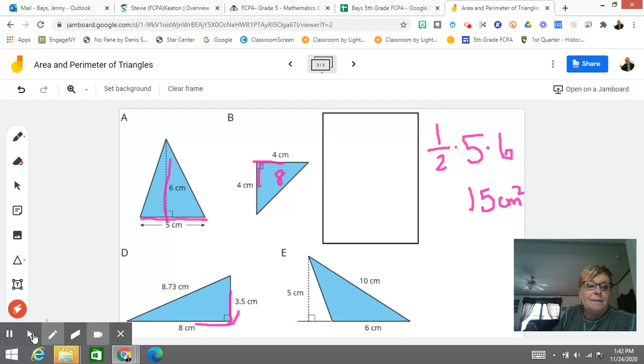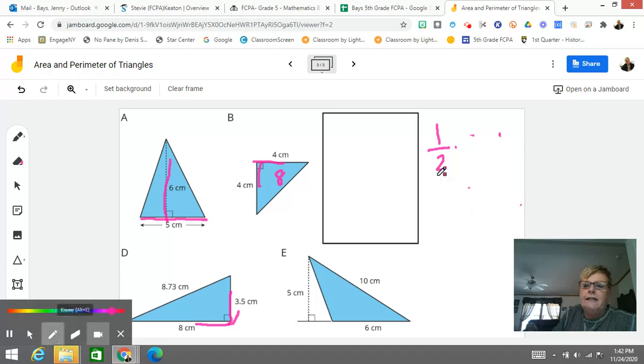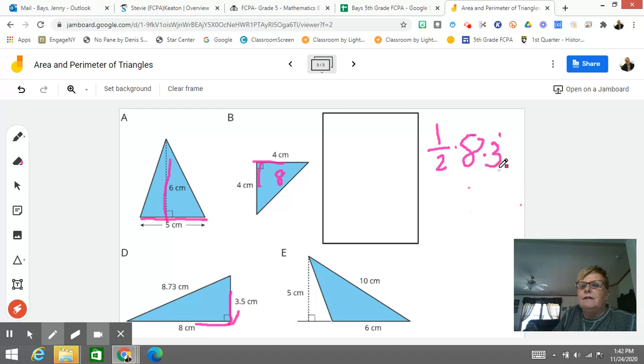I think if I have 8 and 3.5, it's going to be a lot easier for me to use the little numbers. So let me show you. I've got 8 and I've got 3.5. Well, I can find half of 8 real easy. Half of 8 is 4.